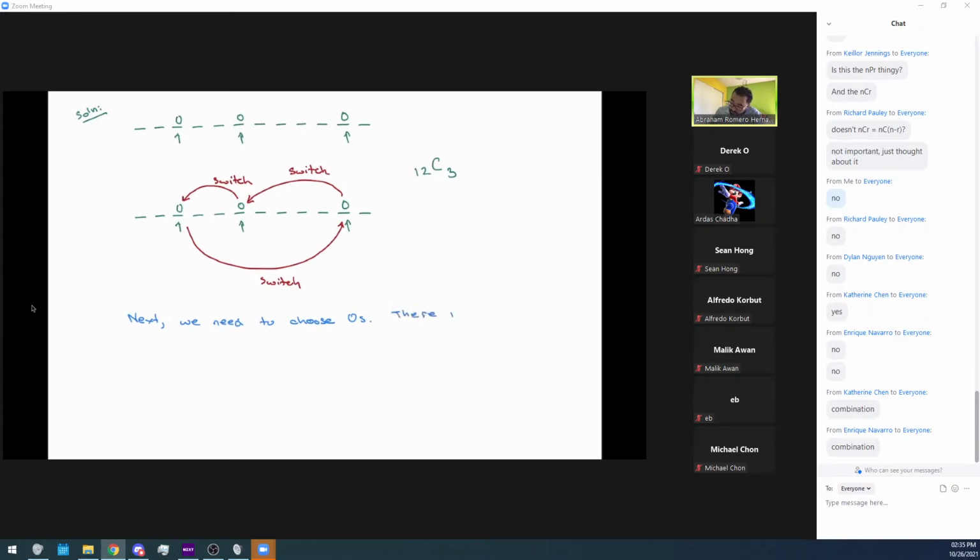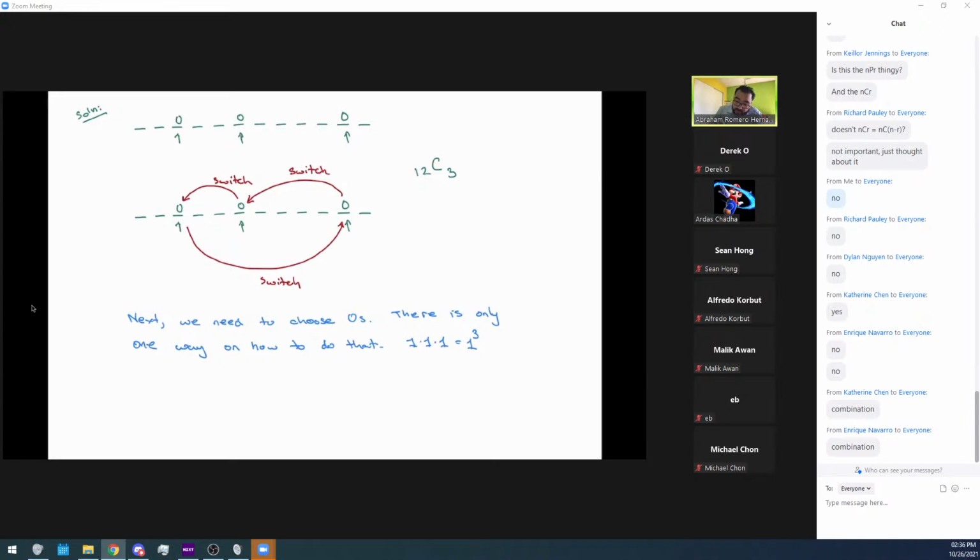There is only one way on how to do that. And so it is 1 times 1 times 1, which is 1 cubed. There's only one zero, and there's only one way to pick zeros. So if I pick a zero here, how many ways is there to pick zero? 1. How many ways is there to pick zero? 1. How many ways is there to pick zero? 1.